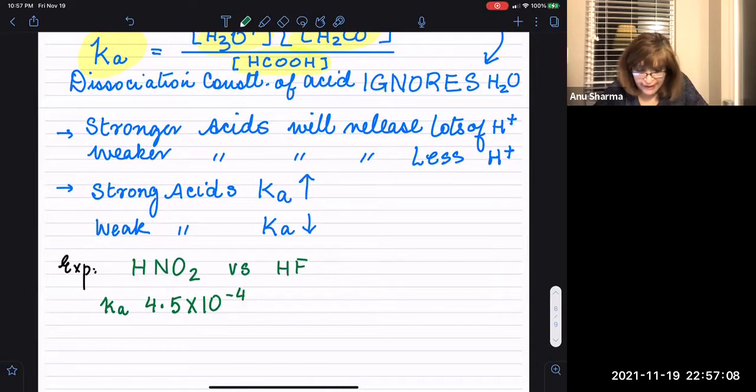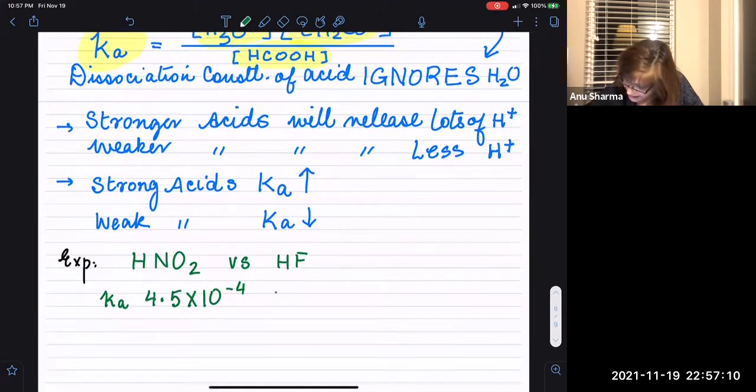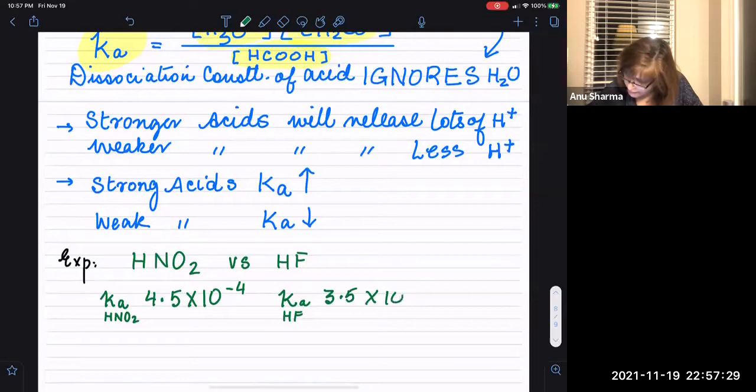The Ka value for the hydrofluoric acid, HF, is 3.5 into 10 to the power -4.